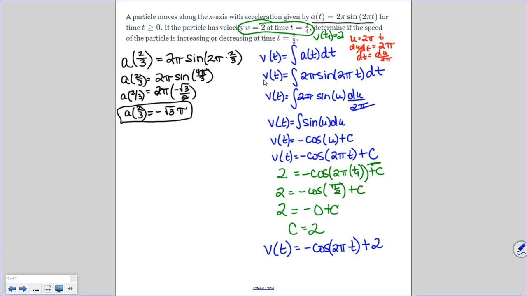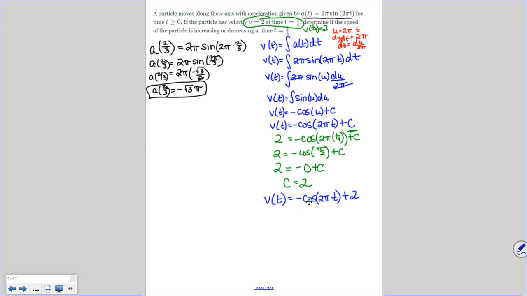I have to check what the sign of velocity is at time 2/3. So I'm going to substitute in 2/3 for t in my velocity function. What's v of 2/3? That's negative cosine of 2 pi times 2/3 plus 2. So v of 2/3 equals negative cosine of 4/3 pi plus 2.